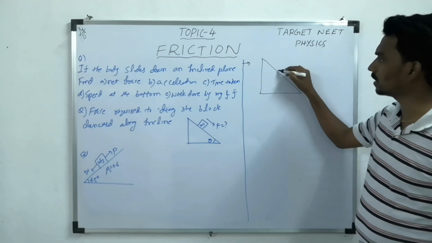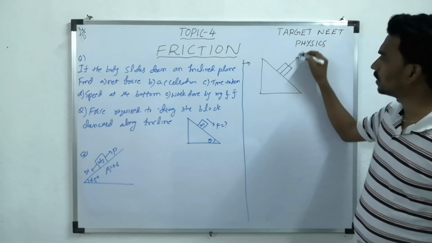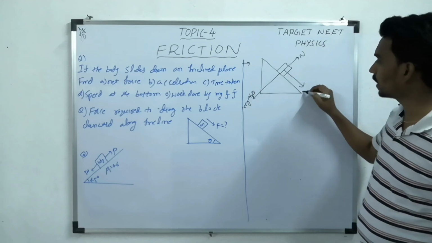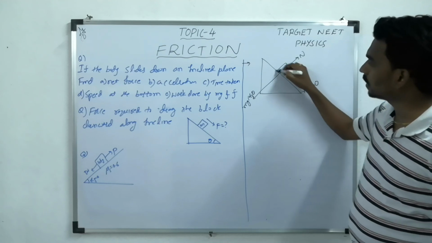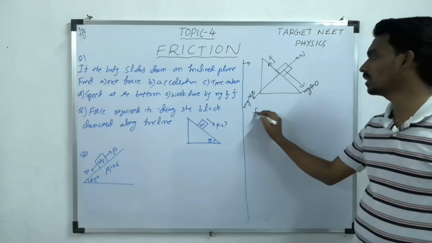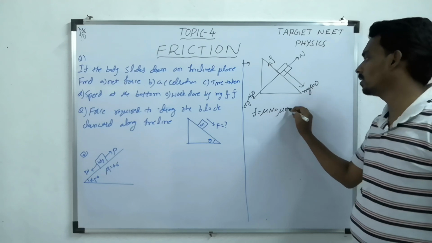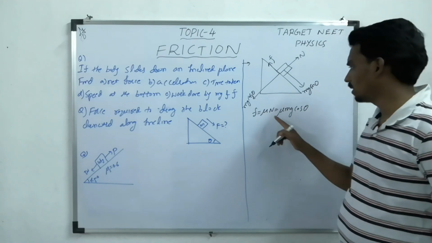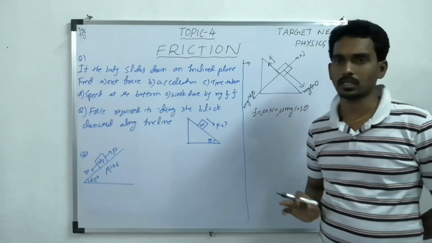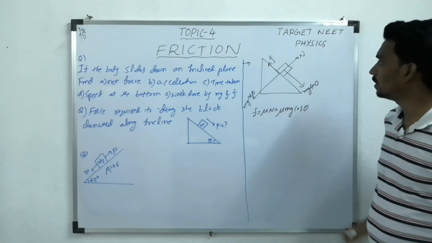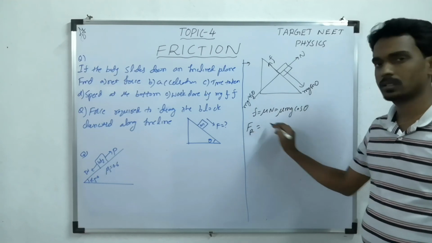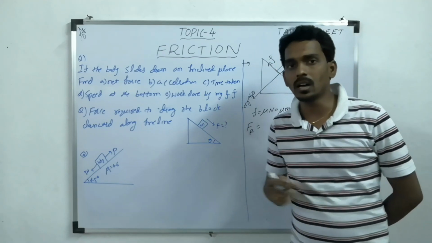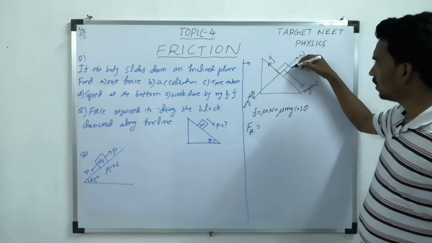Just before we have already seen, if the block is sliding down, there is a normal reaction, there is one mg cos theta, there is one component mg sin theta, and there is a friction, and the friction is mu N, nothing but mu mg cos theta. If they specify mu s or mu k, then this must be mu k. Remember that thing. Now here the resultant force means, what I told you, force in the direction of motion minus force in the opposite direction.